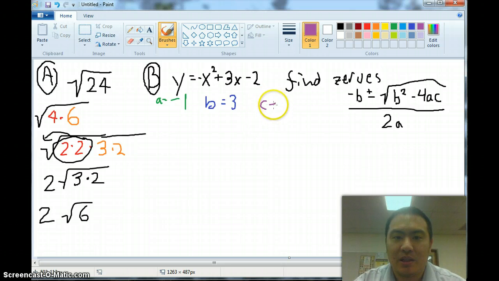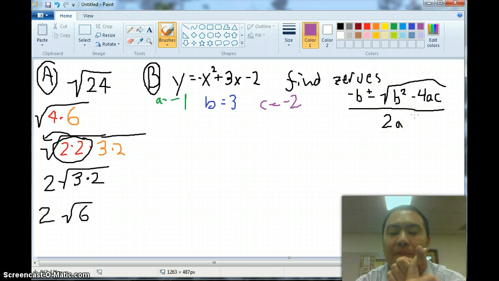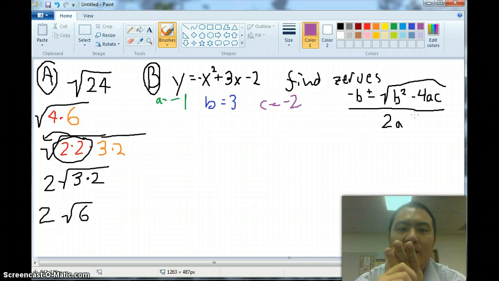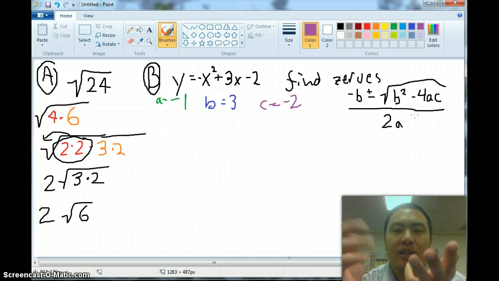This would be your first step every single time when you're doing the quadratic formula, anything that deals with the discriminant, quadratic formula, or finding the axis of symmetry. Anything where you take the standard equation and want to do something with it, you typically want to write down A, B, and C.